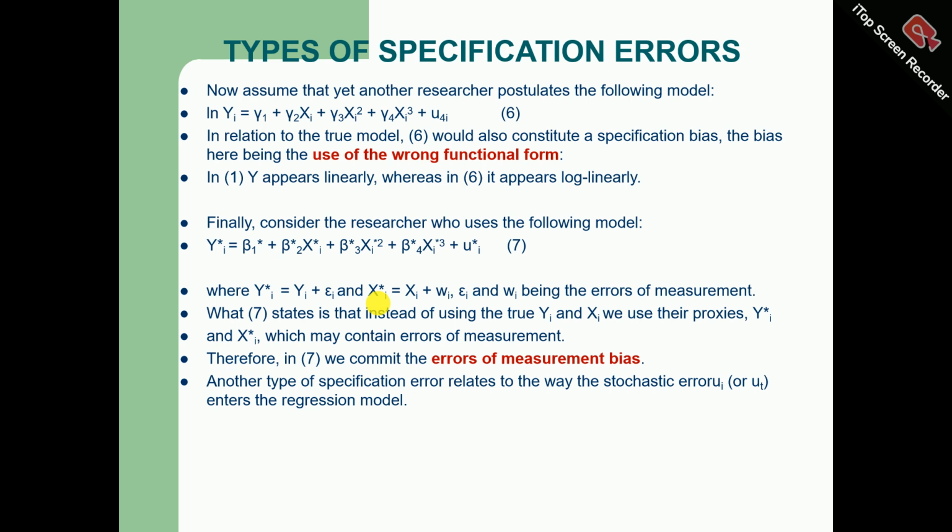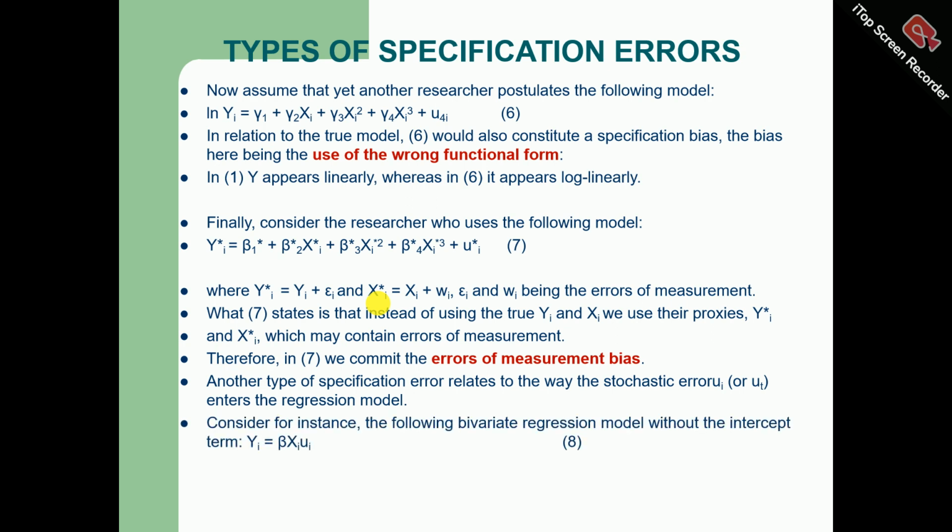Another type of specification error relates to the way the stochastic error term enters the regression model. So what does it mean? Consider, for example, the following bivariate regression model without the intercept term, where yi is equal to beta times xi times ui.